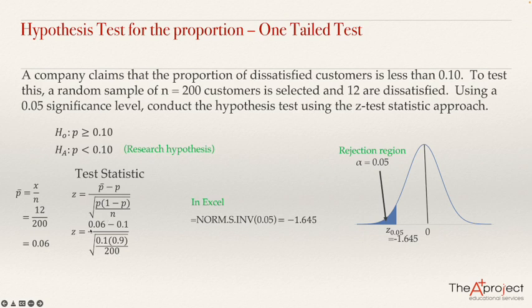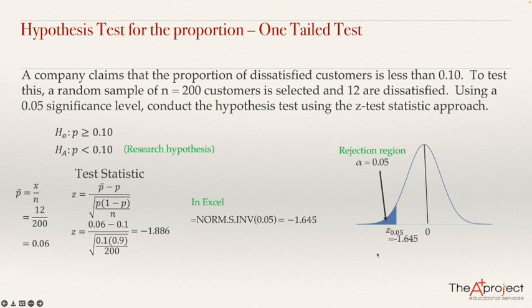So the answer is 0.06 minus 0.1 divided by the square root of 0.1 times 0.9 divided by 200. If I compute this, I get negative 1.886.